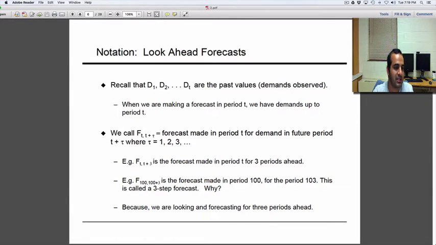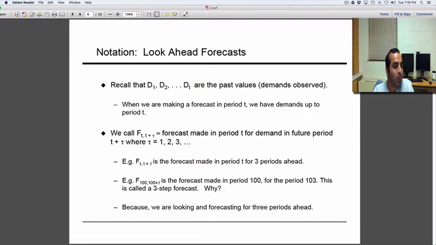Let's put some numbers in there. F_100,103 is the forecast made in period 100 for period 103. This is called a 3-step forecast, because we're looking to forecast 3 periods ahead.